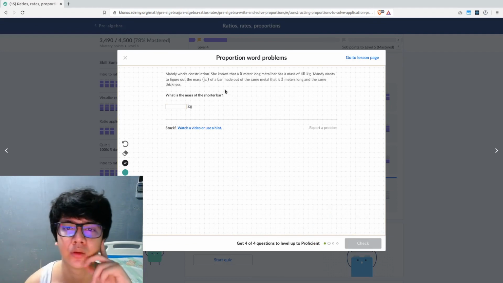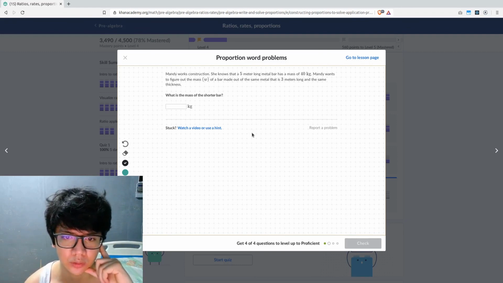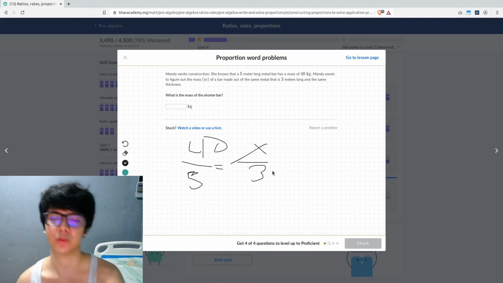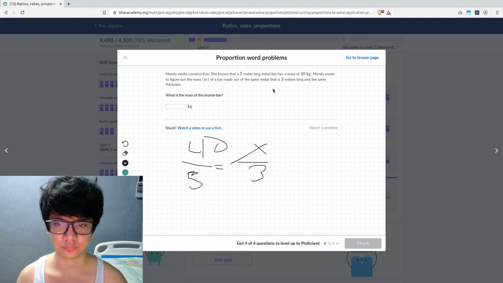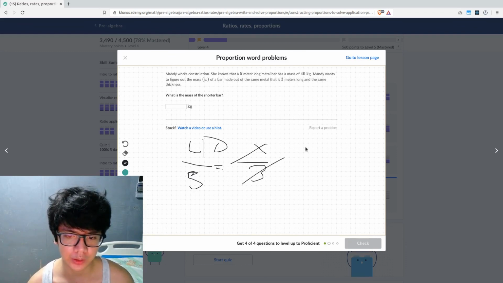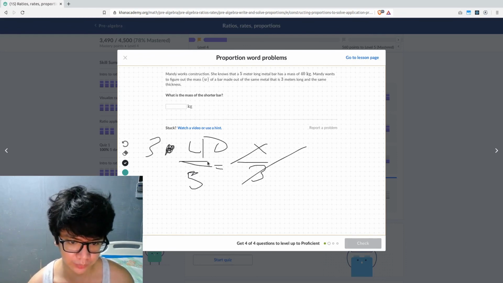Okay. What is the mass of the shorter part? Let's see again. 5, 4, 3x, so it's going to be a multiplier.